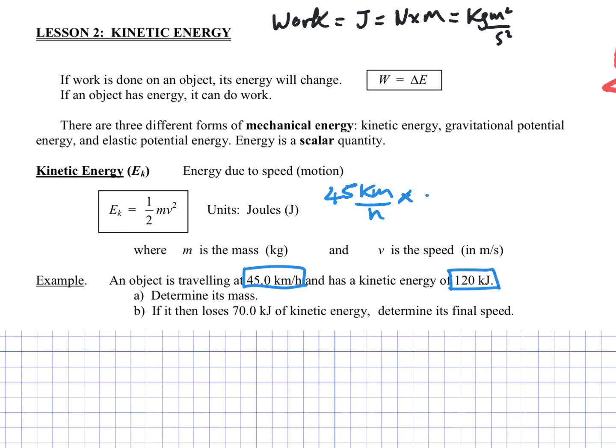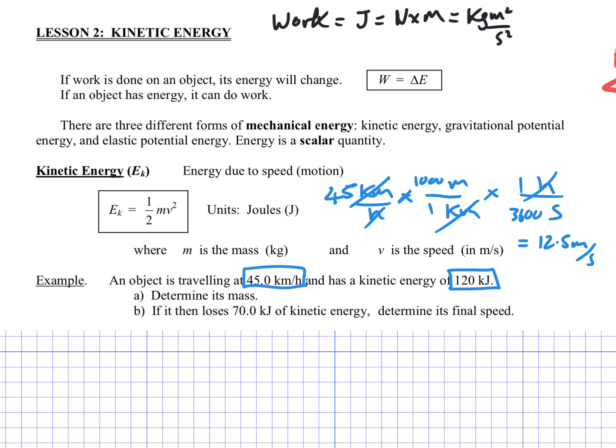So let's go ahead and cancel out all the units. So kilometer cancels out there. That leaves me with 1,000 meters, and the hour is going to cancel there. So hours to seconds, 1 hour is 3,600. So that gives me a speed of 12.5 meters per second. Good.